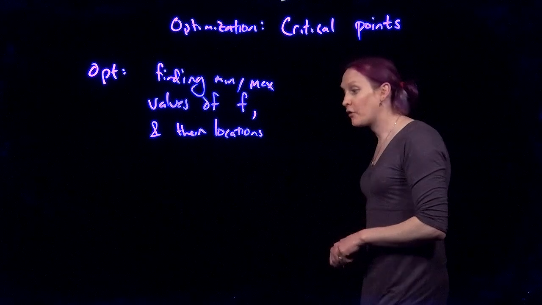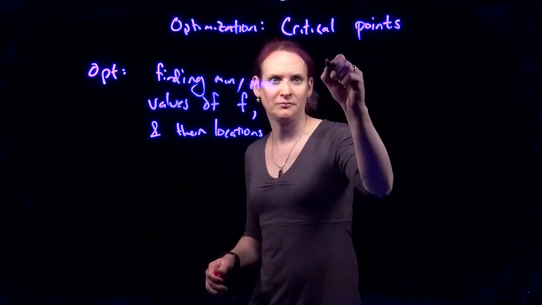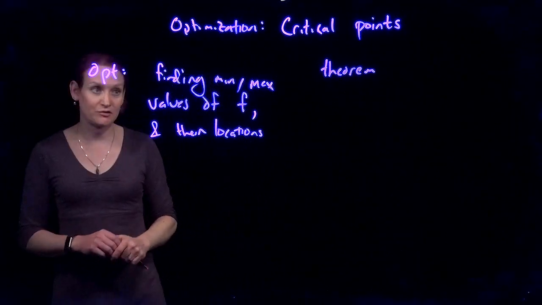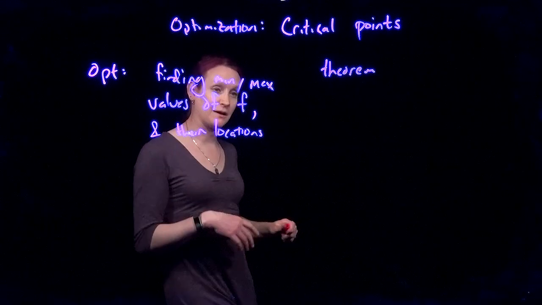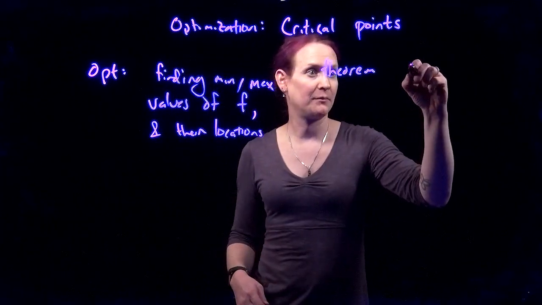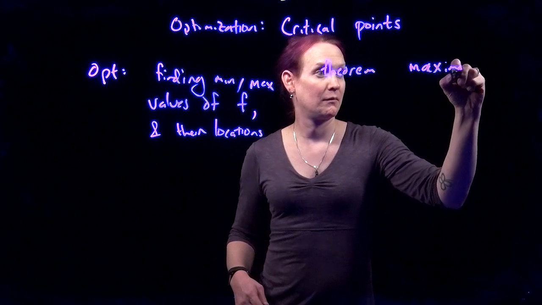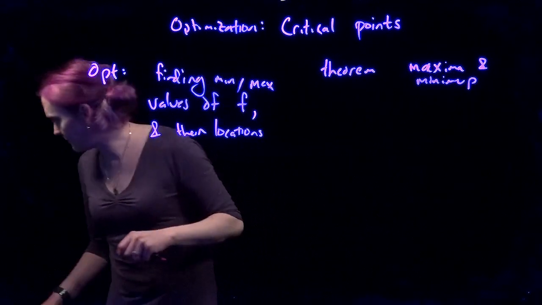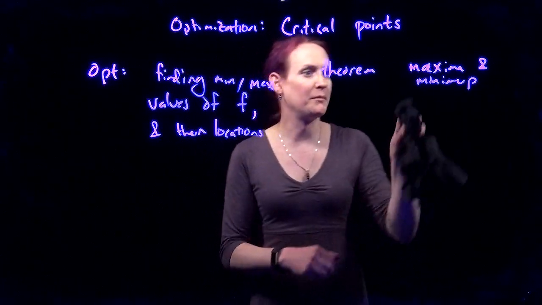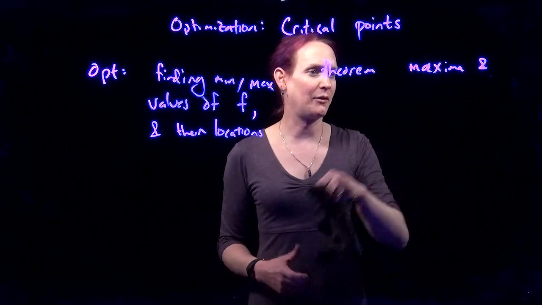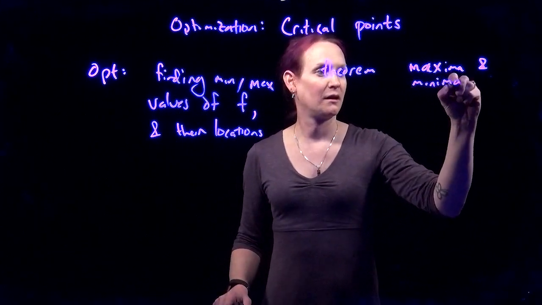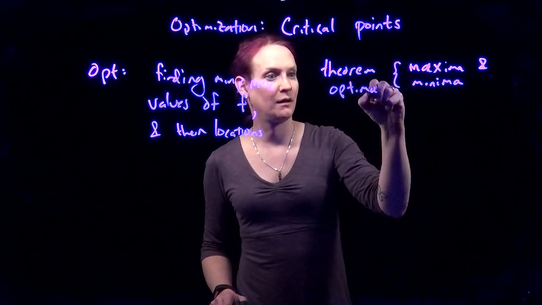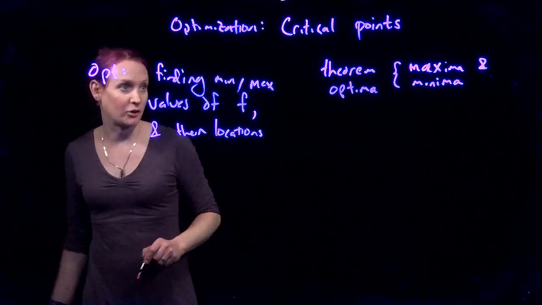Okay, so there is a theorem, an absolutely true statement, a statement that's true beyond a shadow of a doubt, from now until the end of time. That maxima and minima, the plural of minimum is minima, collectively called optima, or optimum in the singular.